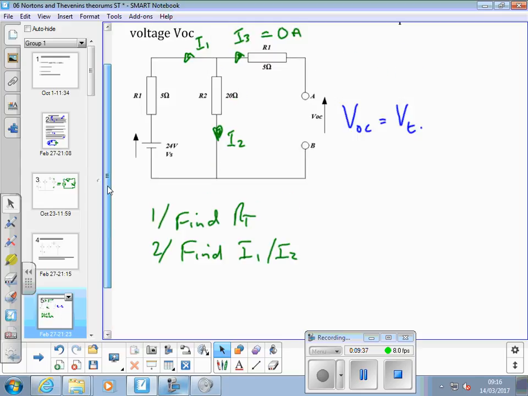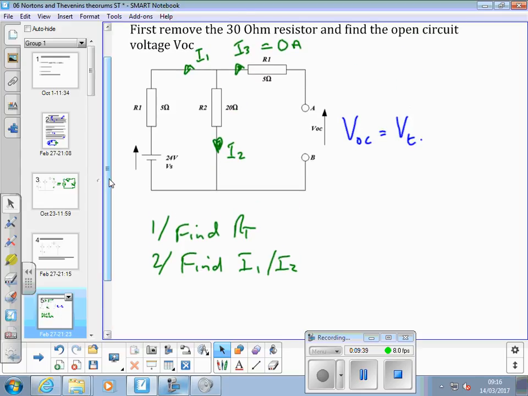We want to know, when the 30 ohm resistor's connected, the current would be in that direction, and so that voltage arrow would be that way. How can I find from those two pieces of information what VOC is?